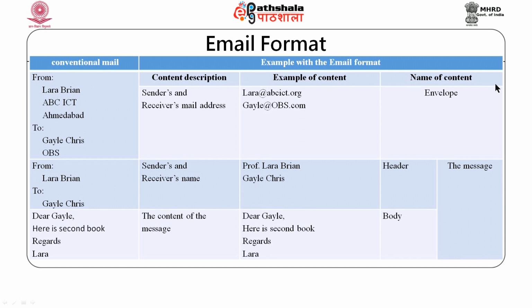So the SMTP format begins with the outer part called the envelope, and the inner part is called the message, which is divided into two parts: the header and the body. The envelope contains the sender's and receiver's mail addresses, the header contains the names of both of them, and the body contains the actual mail. Here is the example, Lara at this place and this. Here is the header with the sender's name and receiver's name, and here is the content of the mail.